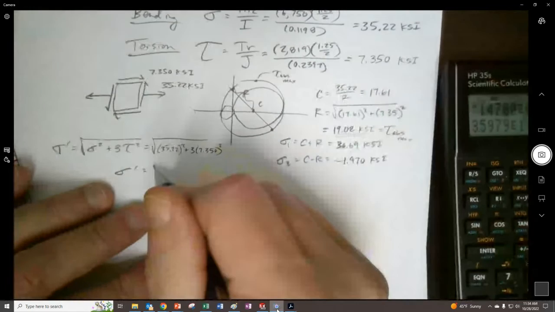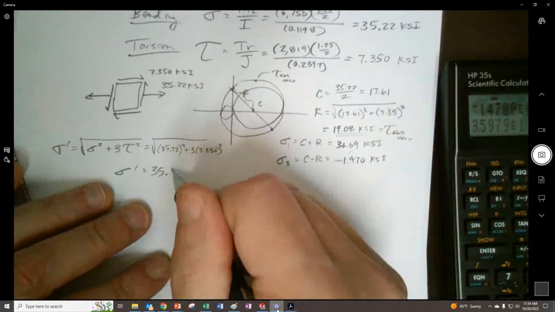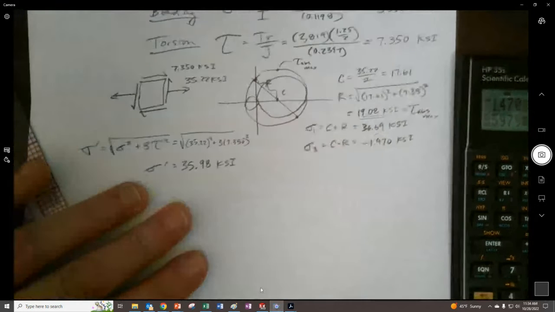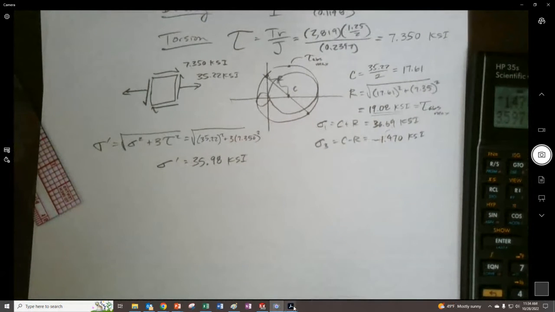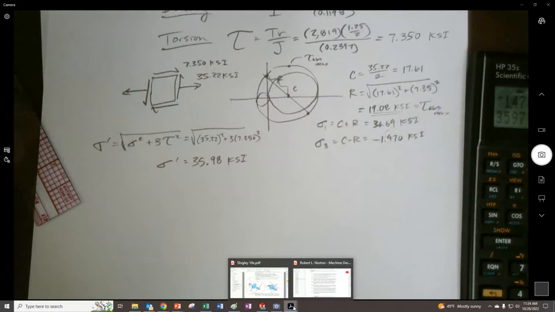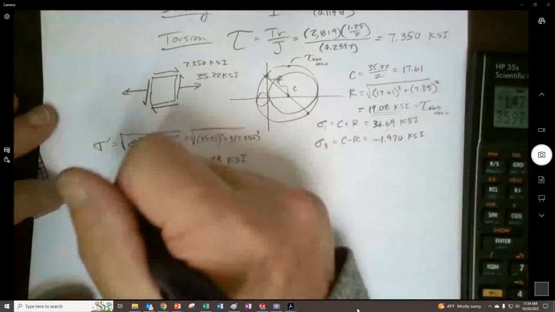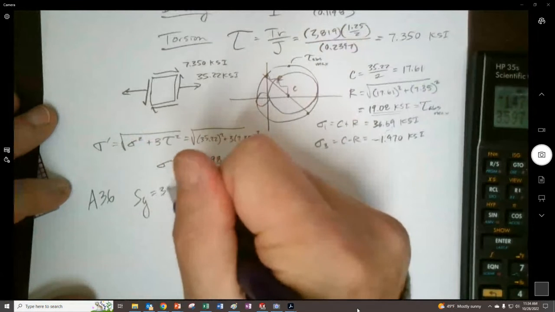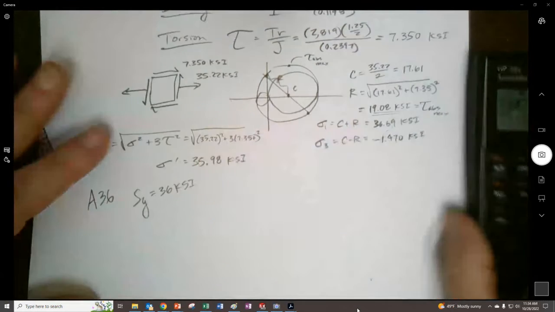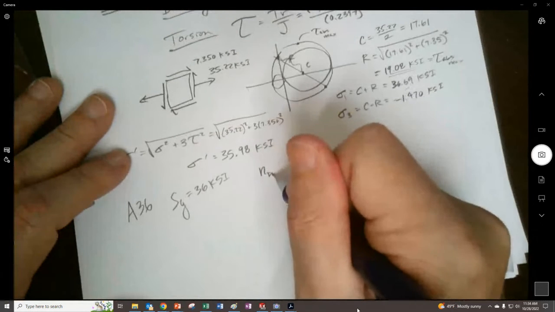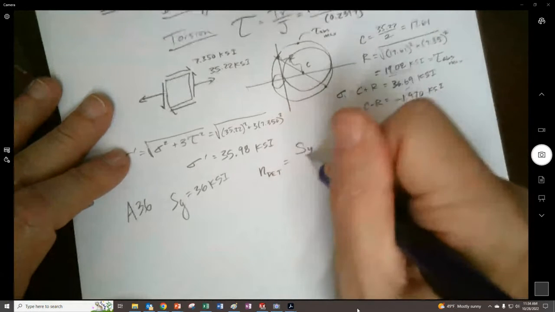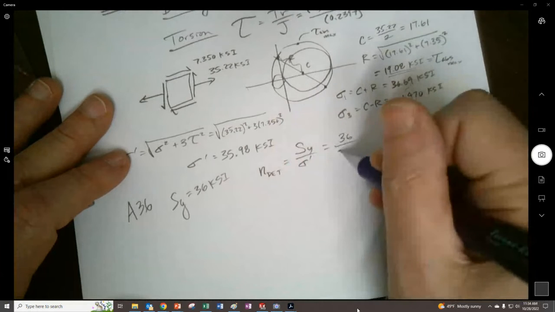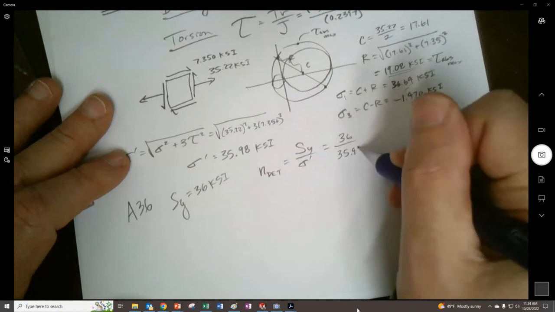You're really getting close to this, it really didn't change much: 35.98 KSI. And let's see what material we wanted to use here. Let's use A36 steel with a yield strength of 36 KSI. So the distortion energy theory says that the yield strength divided by this, and you can see that we're going to get really close. It's really going to be 1 point something.